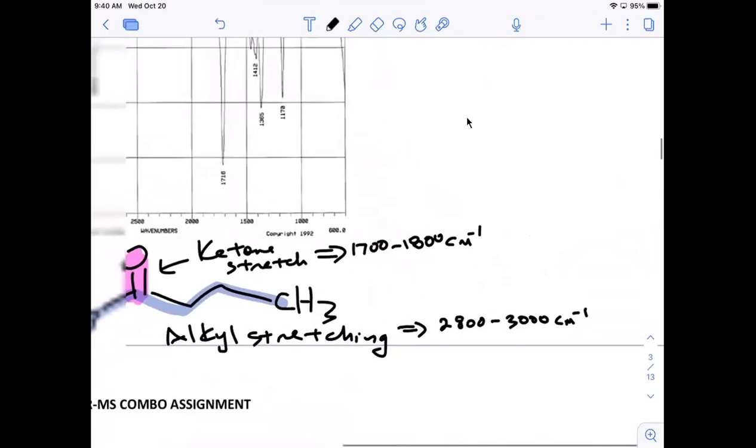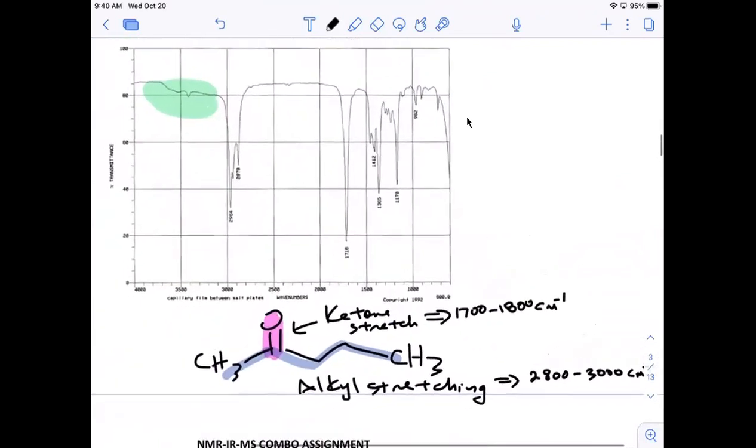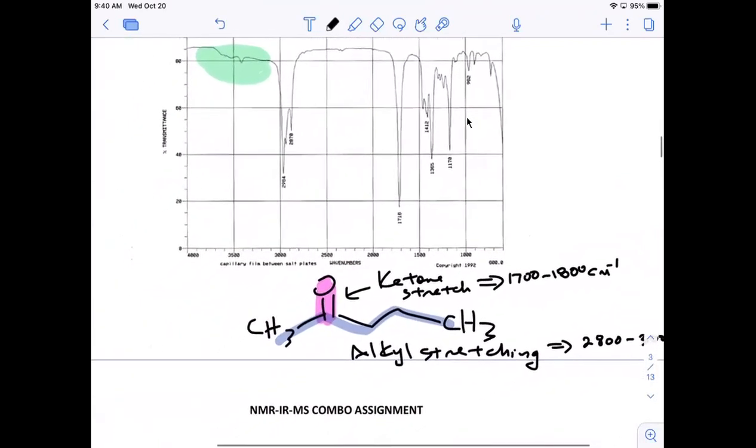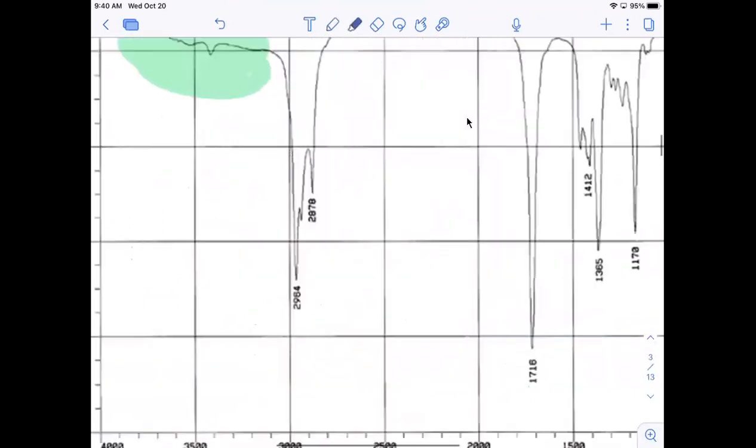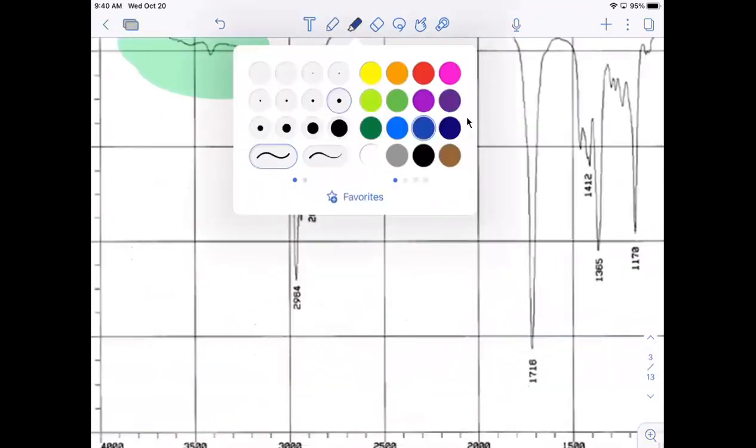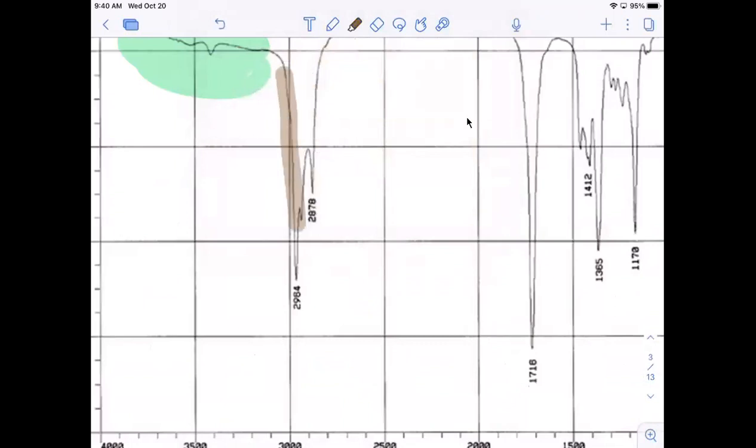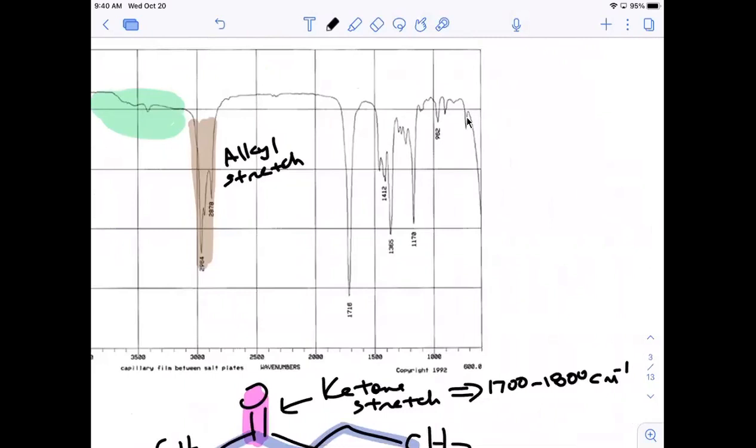And if you look in the infrared, you see right away, and the alkyl stretching always looks the same. You see this little jagged looking absorbance right here. That's your alkyl stretch. So that alkyl functional group is absorbing infrared radiation at that wavelength.